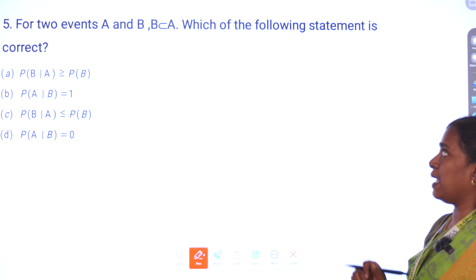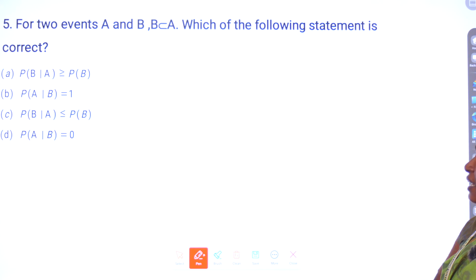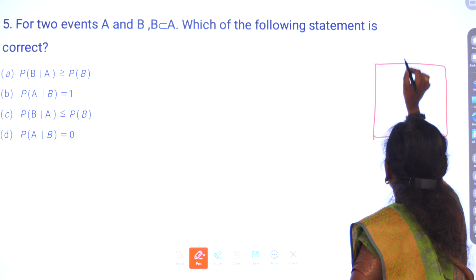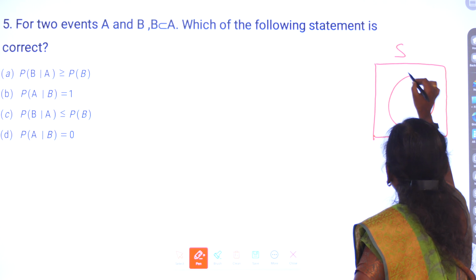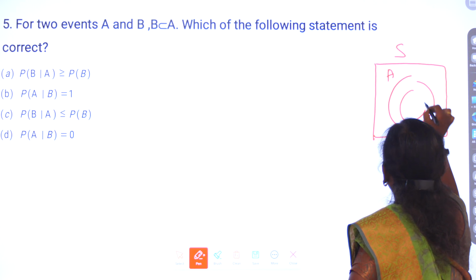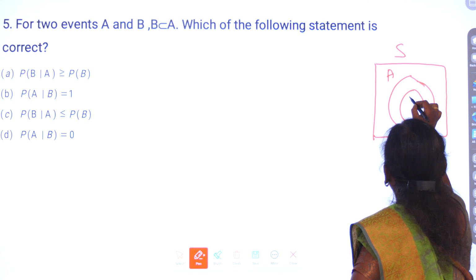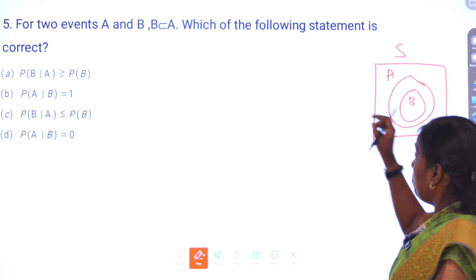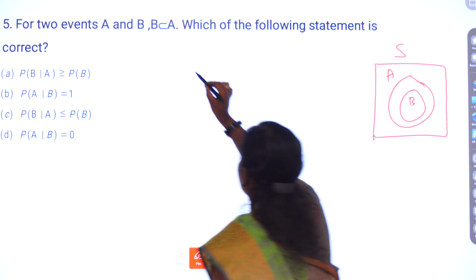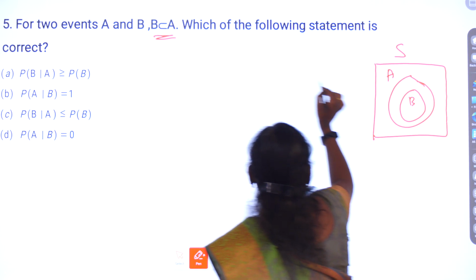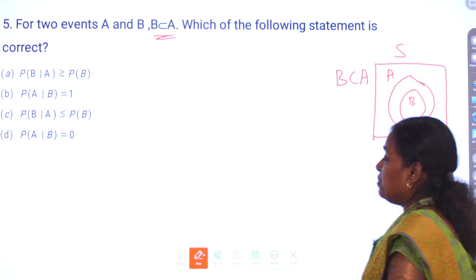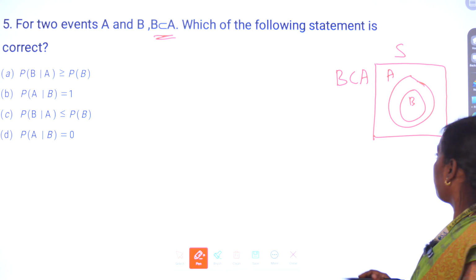Two events A and B, with B contained in A. First, let us create a sample space with an event A and an event B. Why do I write B inside A? Because B is a subset of A. You can even call it B is contained in A.